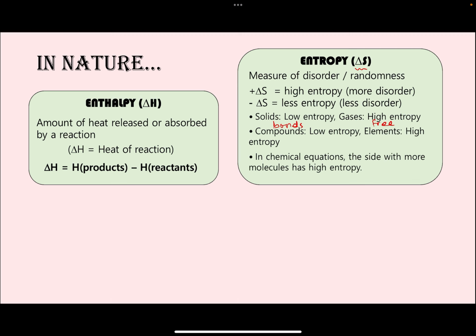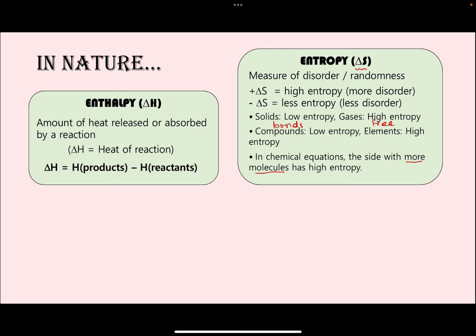If you are looking at any chemical equation and we are trying to figure out which side of the chemical reaction has a higher entropy, the reactant side or the product side, then we are looking for the one that has more molecules, because the more molecules there are, there's more chance of just more disorganization. So the side with more molecules is going to have a higher entropy.